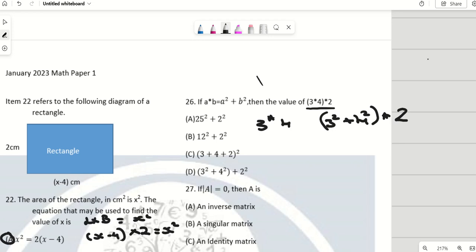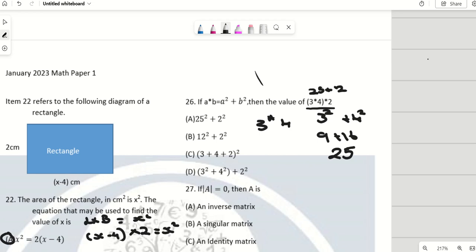Let's solve this. What is 3 squared plus 4 squared? 3 squared plus 4 squared is 9 plus 16, which is 25. So now this becomes 25 asterisk 2.